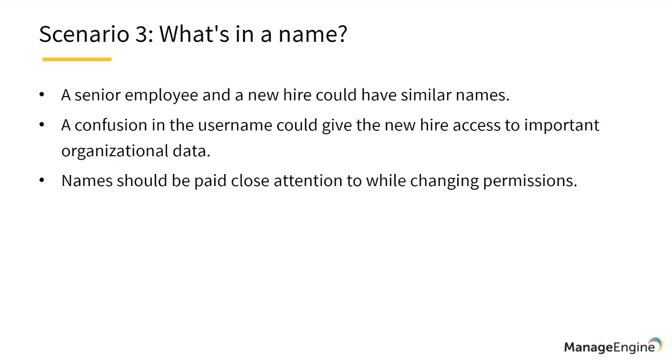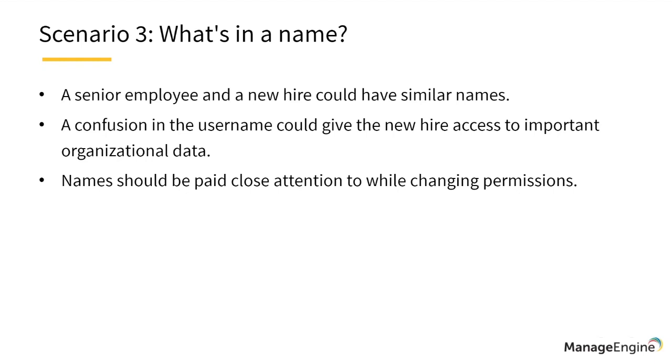Because of this extra A in a name, the new hire could gain access to important organizational data when it was the senior Ram who was supposed to gain access to this particular data. So administrators, you always need to pay close attention to names while you are changing permissions over mailboxes. Something as simple as this can cause problems.